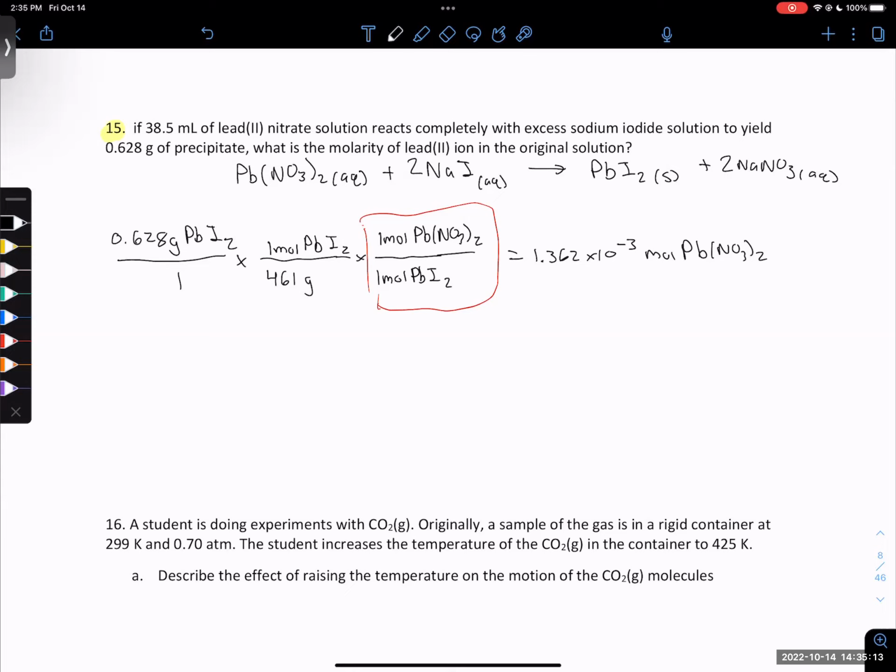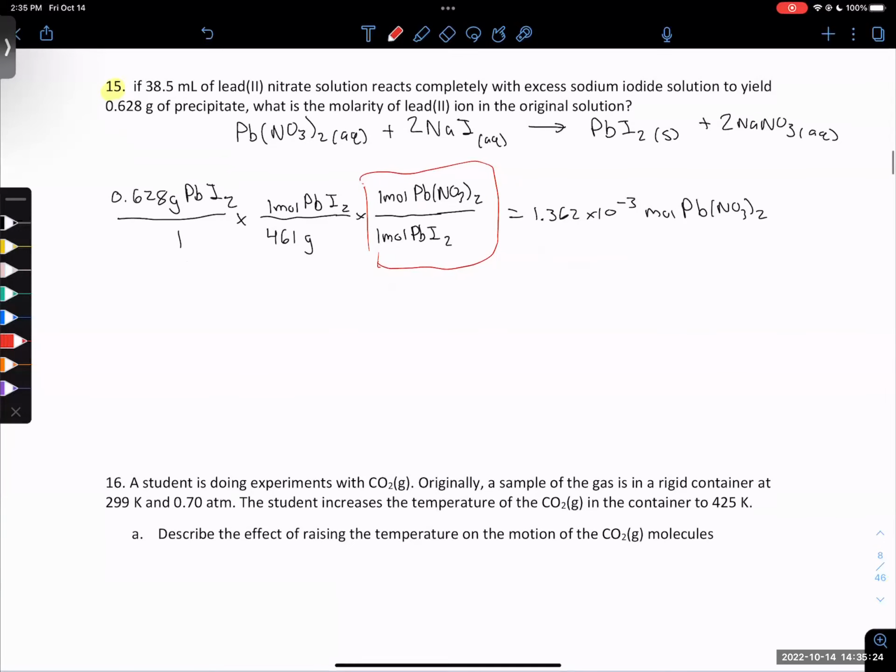Okay, so you're saying it's asking for the molarity, right? So we need to use the molarity equation, obviously. I'll use red. Molarity is equal to moles over liters. We already found the moles, it's right here: 1.362 times 10 to the -3 moles over, what's the liters here? 0.0385.